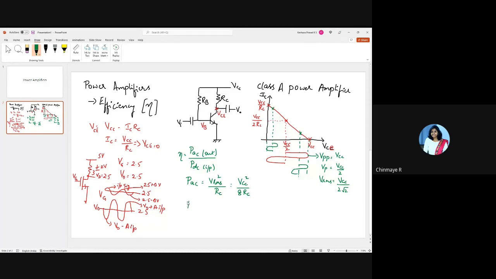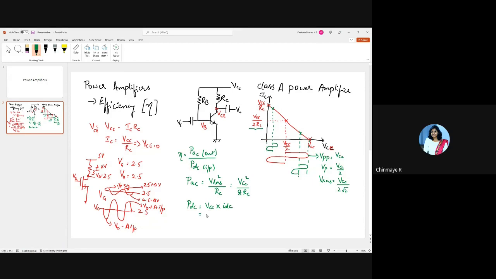Now let's calculate what is PDC. So PDC is nothing but DC input power, which is VCC into IDC, correct? So now you know that this is IC in order to get the maximum efficiency.